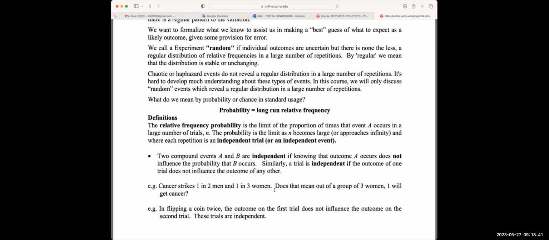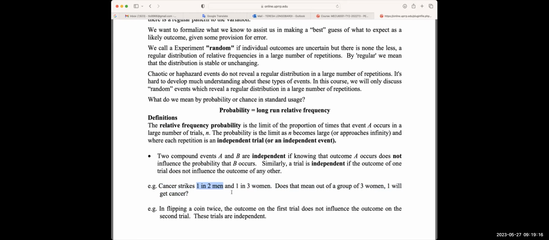So just like the coin not having to be a head, you know, in a small group of 10 flips, it doesn't have to be 5 heads and 5 tails. The sample needs to be large enough, right, to be able to observe long run relative frequency. So it's common in medicine or in the natural sciences when we talk about estimates like these, 1 in 2 men is referencing a large population.